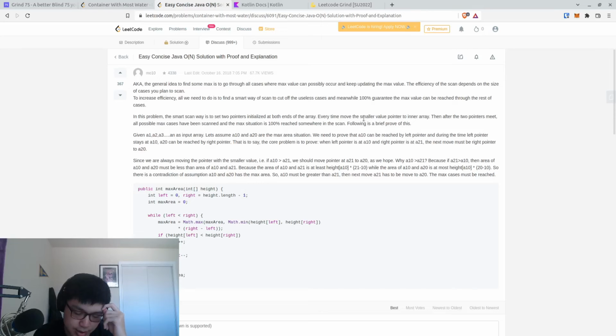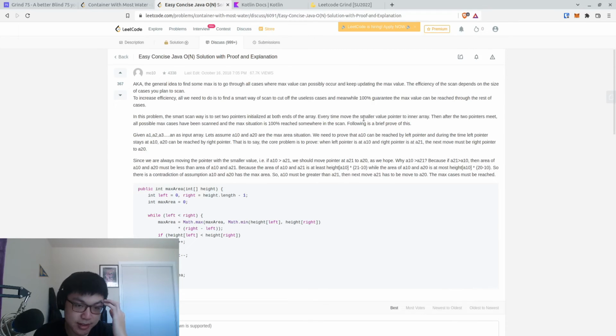I guess we just exhaust all cases because we go through all the possible values, but that's not a very satisfying proof to me. It does make sense, and I get the why of moving the smaller part now. That actually does make a lot of sense. But I'm not sure about the exhaustive part of this.